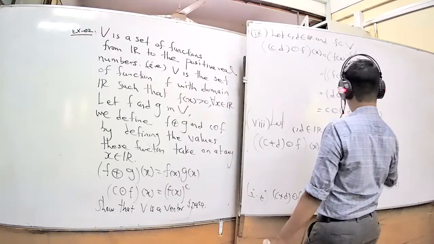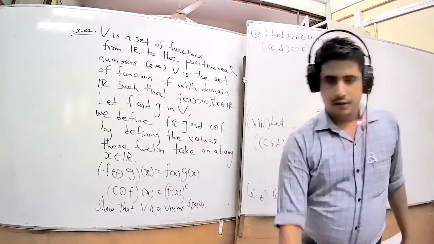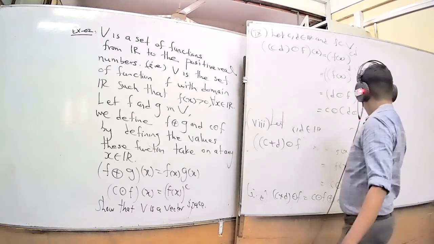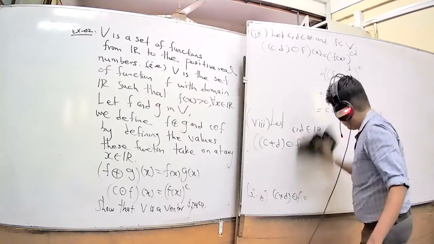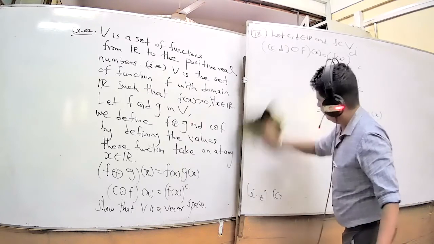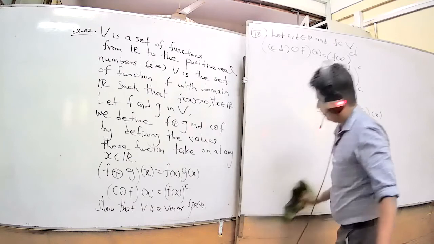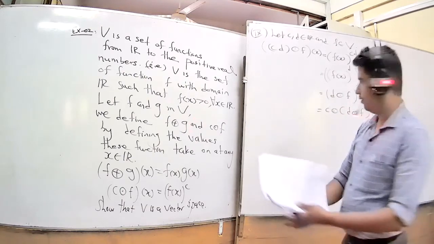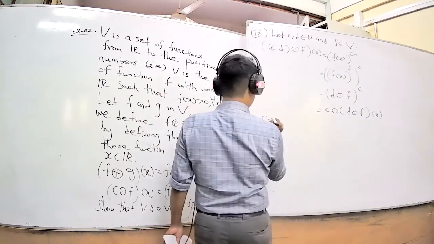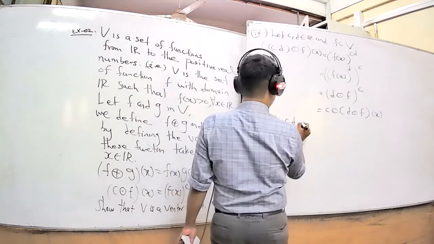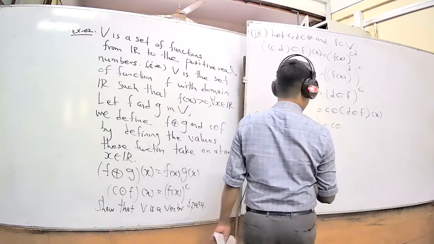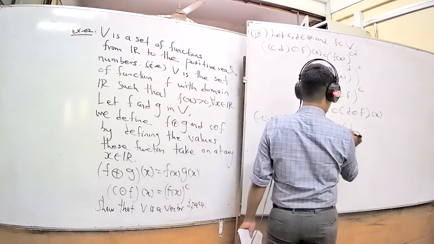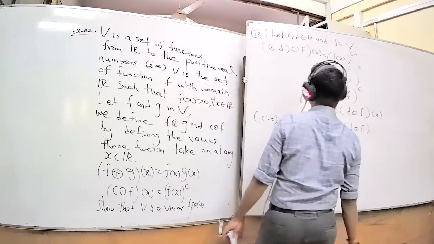So c d scalar multiplication of f equals c scalar multiplication of d scalar multiplication of f.